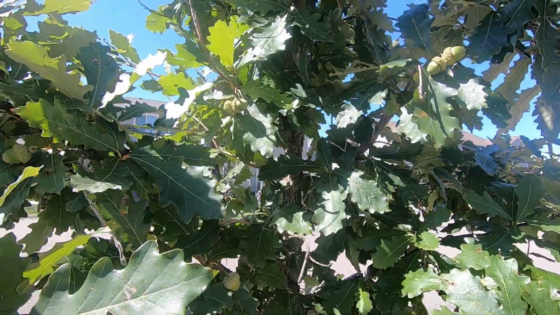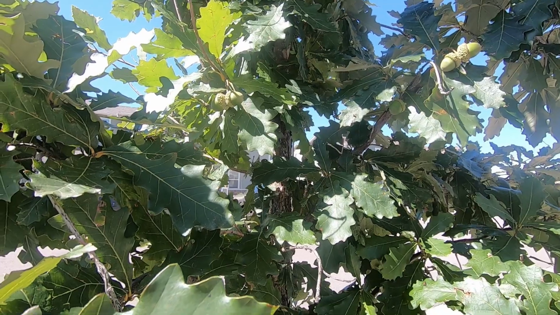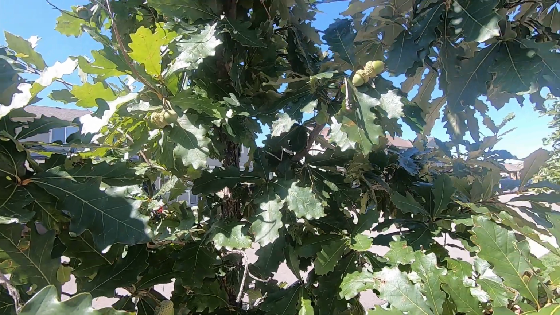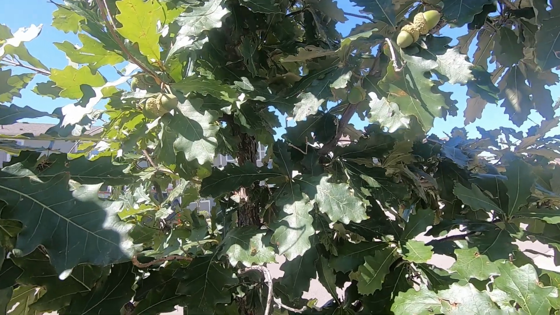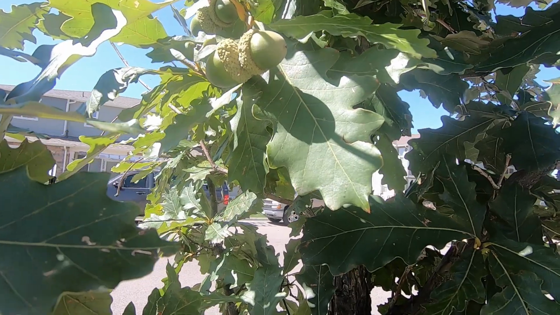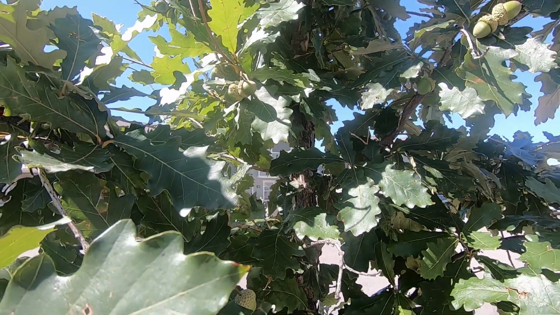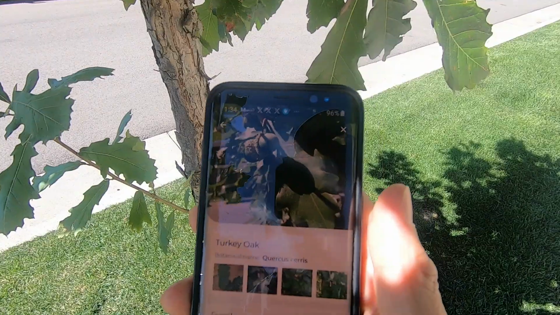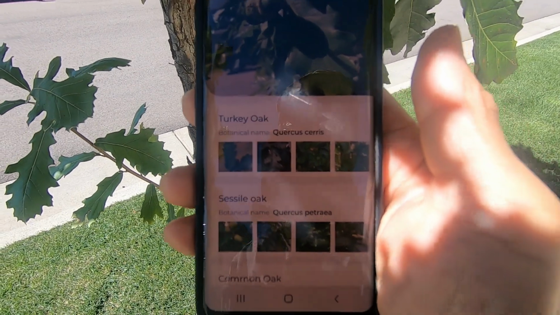This is a neighborhood tree, an oak tree definitely, but I'd like to know what variety or species of oak tree. Yeah, so this is like this. I have no idea, so I'd like to try that. This time it came out with several suggestions.